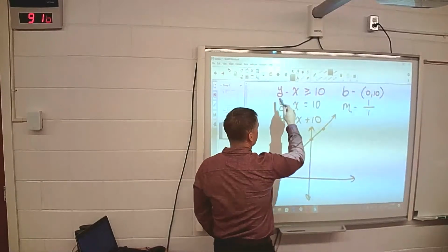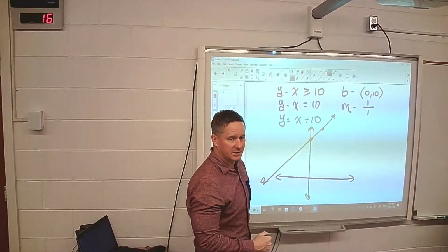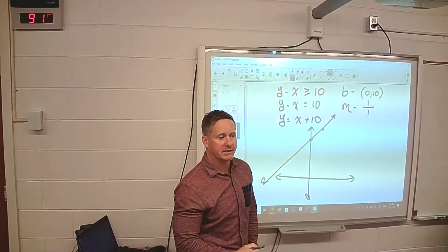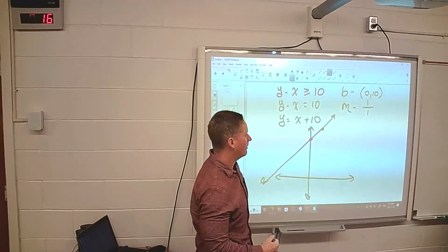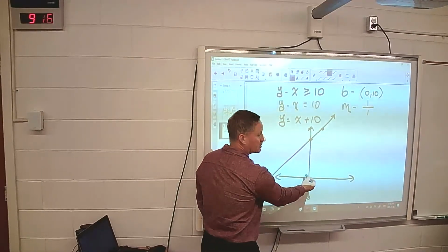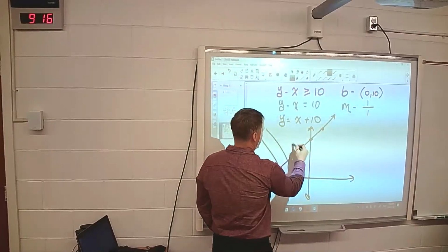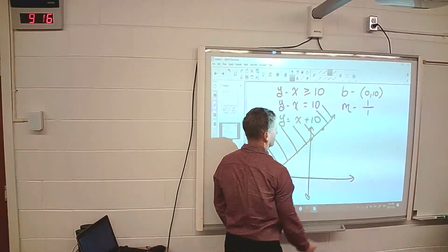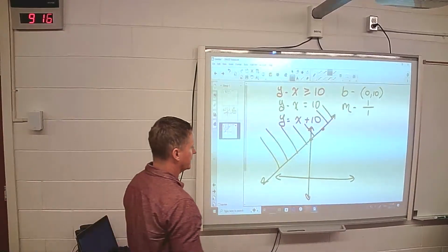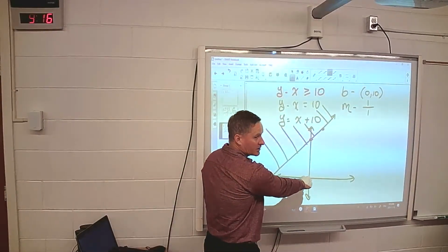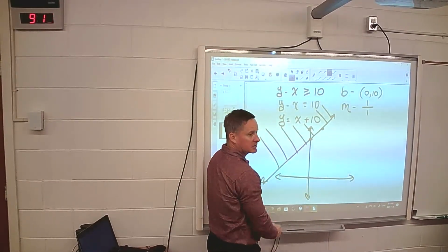So I go 0 subtract 0. 0. Is 0 greater than 10? No. Is it equal to 10? No. So this is not in the solution set. So I shade up here. Why up there? Because if this is not a part of the solution, then none of these coordinates are.